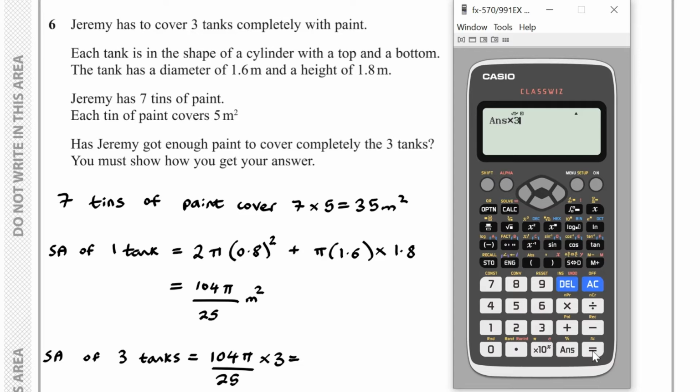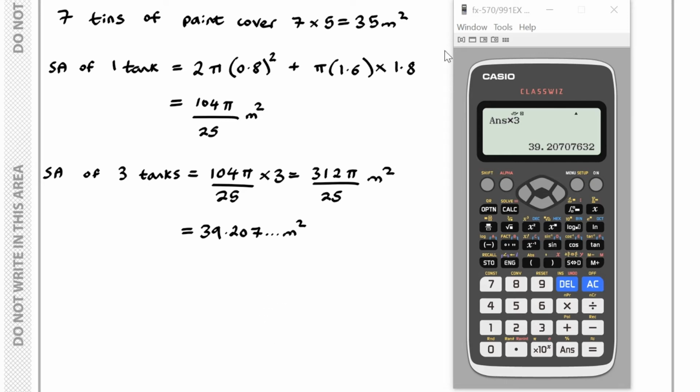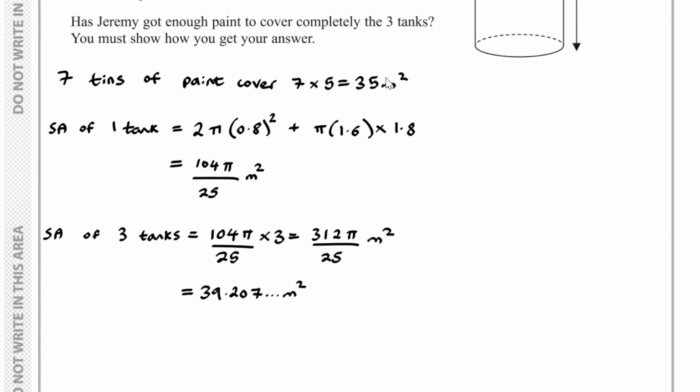So if I multiply this by 3, I end up with 312 pi over 25 meters squared, which is the same as 39.207 etc. meters squared. Now this value over here is greater than the 35 meters squared, and therefore we can conclude that he does not have enough paint.